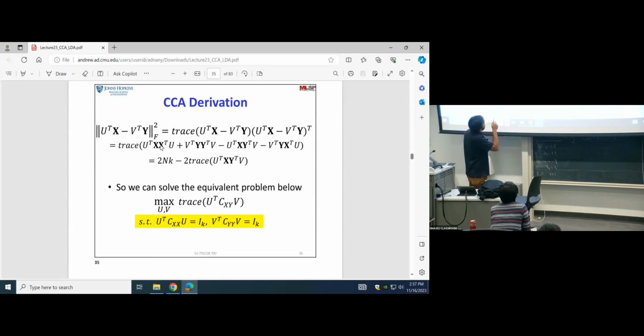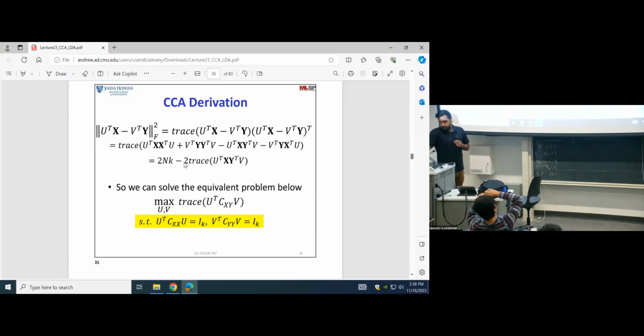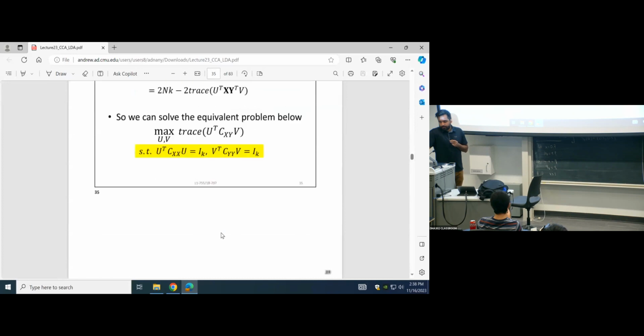So the left two will be the same, and the right two are the same thing, right? Because the permutation is okay in the trace, the commutative property holds. So you will get two trace of U^T X Y^T V. Just trust me, it evaluates to that. If you want to minimize this, then you have to maximize the right term because that has a minus sign.